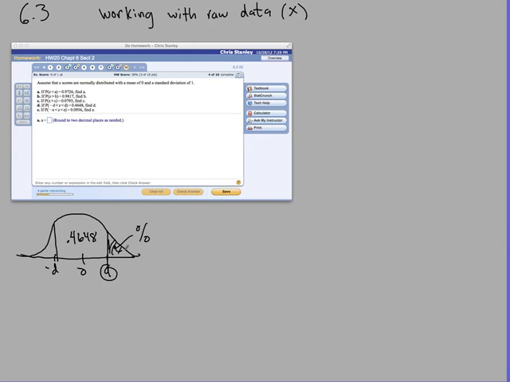If you find this area and then go to StatCrunch and put this area in, my mu is 0, standard deviation is 1. I'm looking for a Z, given whatever percent this is. Since I'm looking for a Z, this is your Z, and this is the percent.